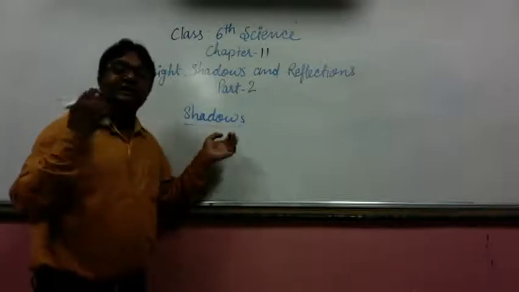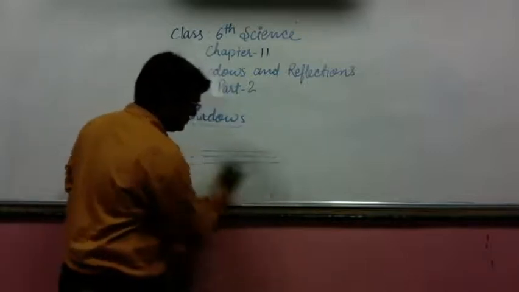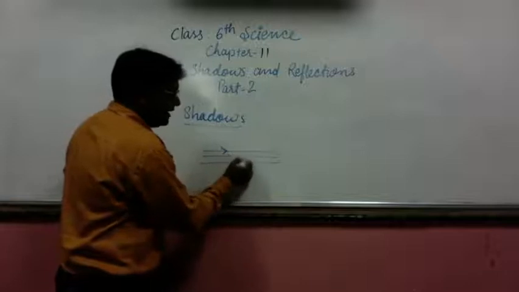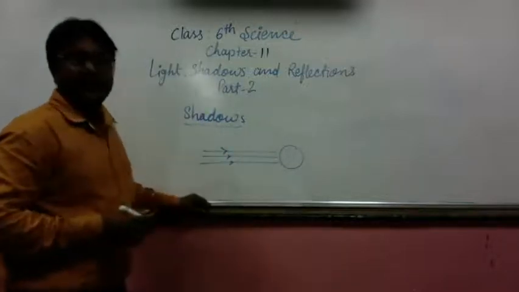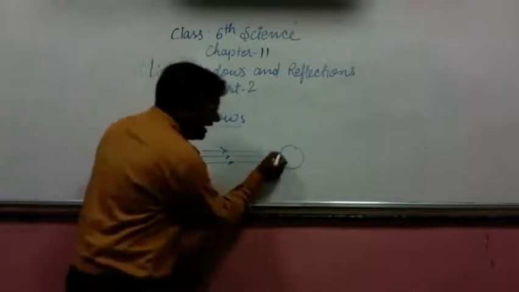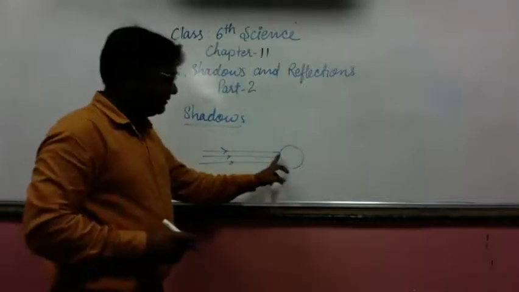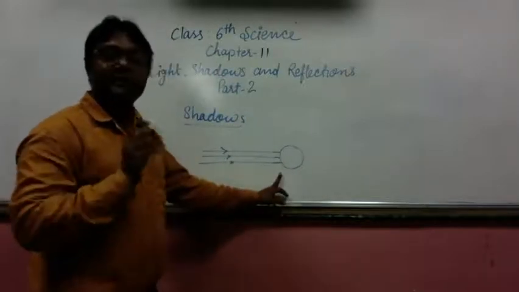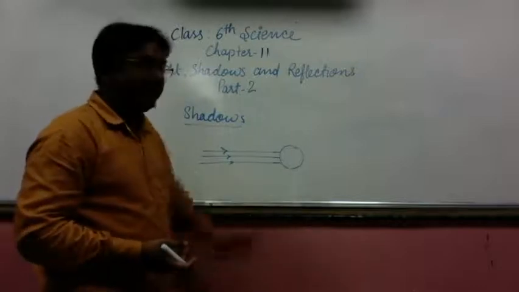Whenever the light rays are coming from the source of light, suppose this is the source of light, and if I keep the ball here in the path of the light rays, what will happen? These light rays will strike the ball surface, and this ball surface does not allow the light rays to penetrate it.